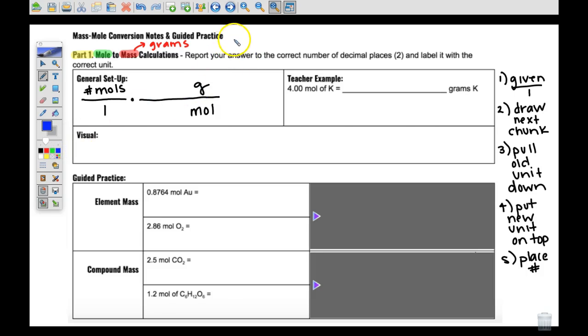In our last lesson, we learned that for every 1 mole of a substance, that was equal to the molar mass in grams. And that this number, molar mass, comes from our periodic table.